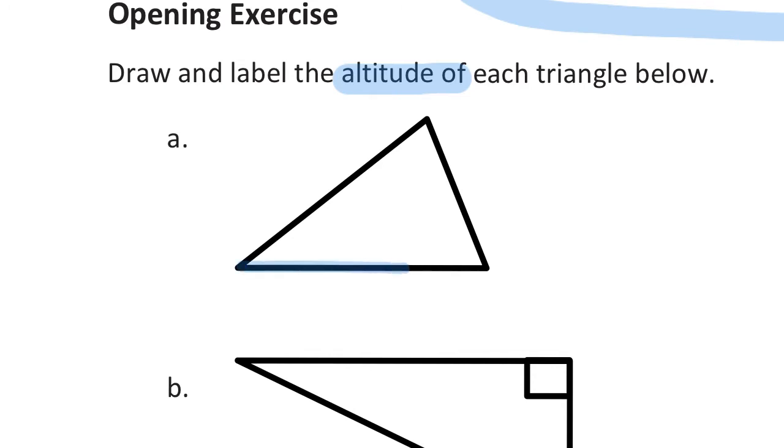If I decide that this side is my base, then I need to draw an altitude or a height that forms a right angle with that. So in this triangle, from the furthest distance from it, I draw myself a dotted line, and then put my box to show my right angle. And that is my altitude or my height.